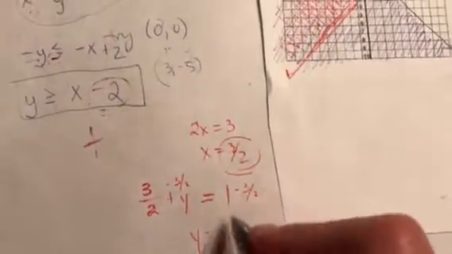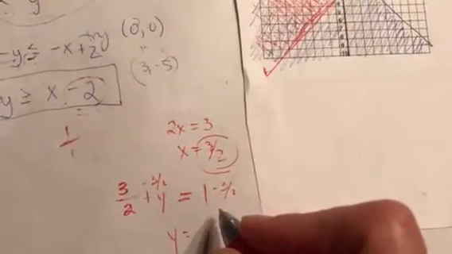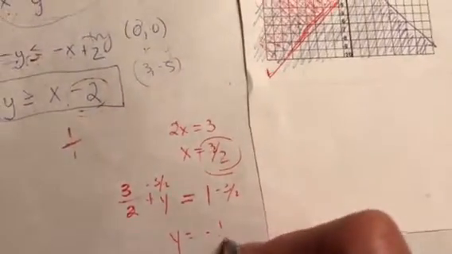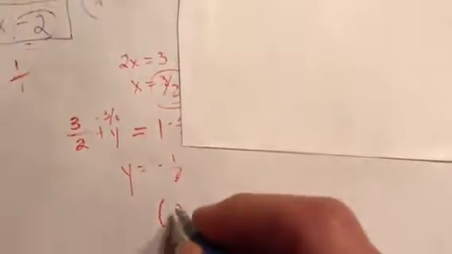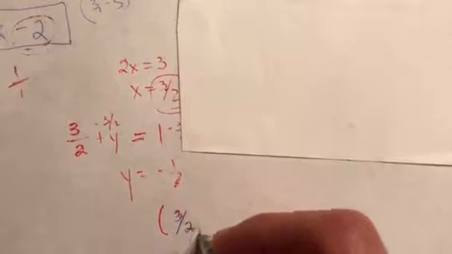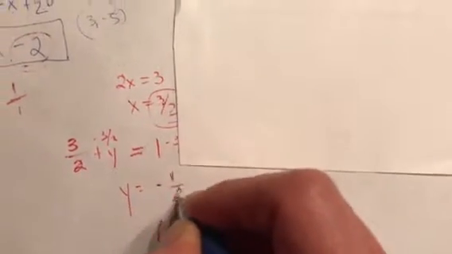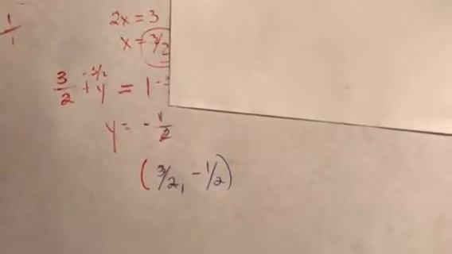Use your calculator when you get to these fractions if you don't like them, but you can see it's -1/2, which is where it should look like it's intersecting. So my vertex is the point 3/2, ugh, my pen is dying, 3/2 and -1/2, because that's what I got up here. Okay, so try that and see if it helps.